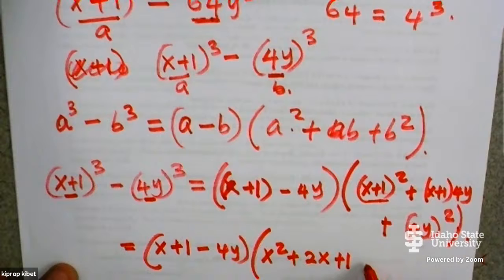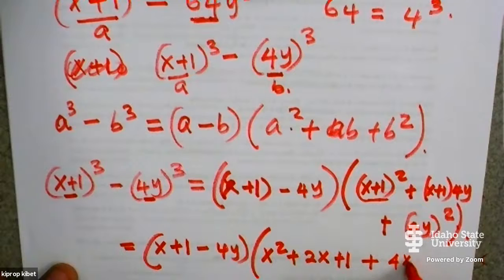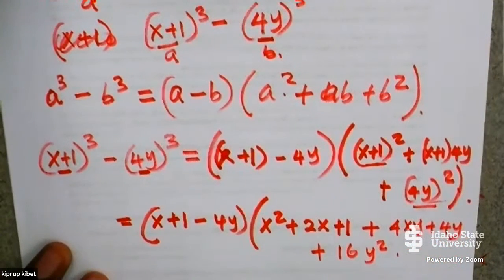Plus 4xy plus 4y, and then finally, this one is plus 16y squared.